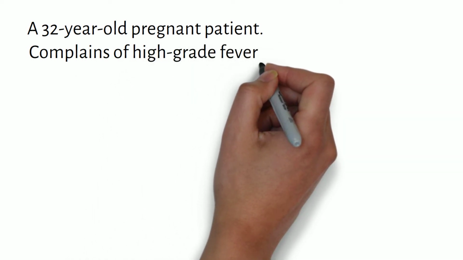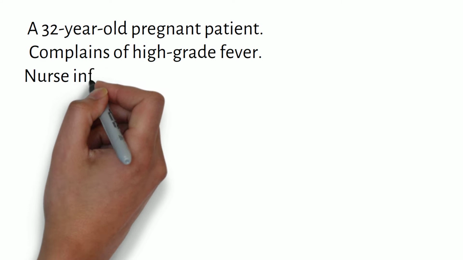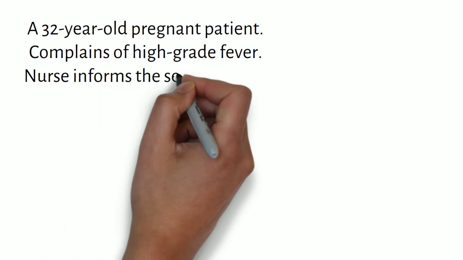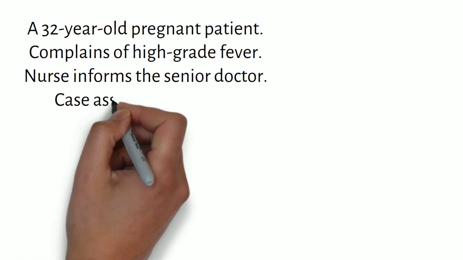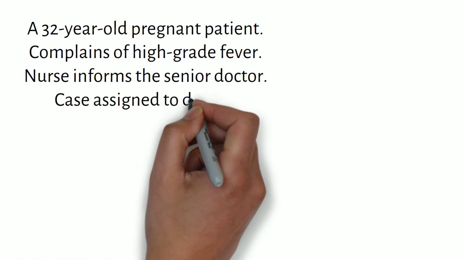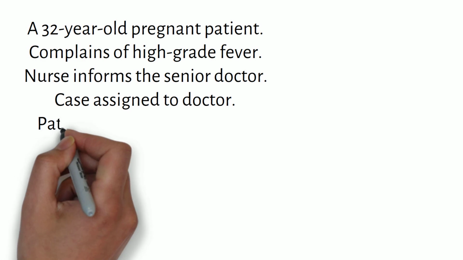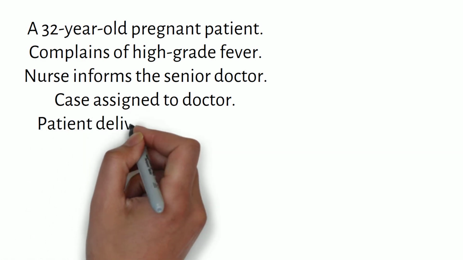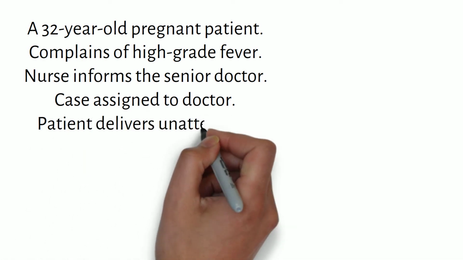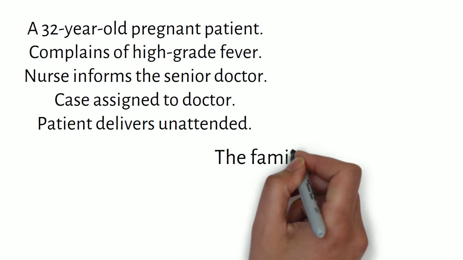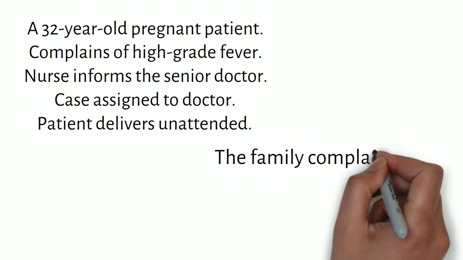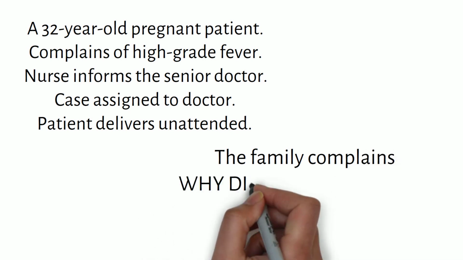A 32-year-old pregnant patient comes to the labor room. This is the case scenario on which we will do the root cause analysis. So this 32-year-old pregnant patient is 31 weeks pregnant, and she comes to the labor room complaining of very high grade fever with burning on passing urine. The receiving nurse informs the senior doctor in the labor room.